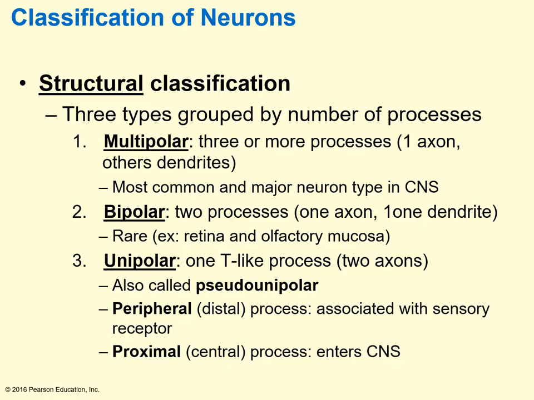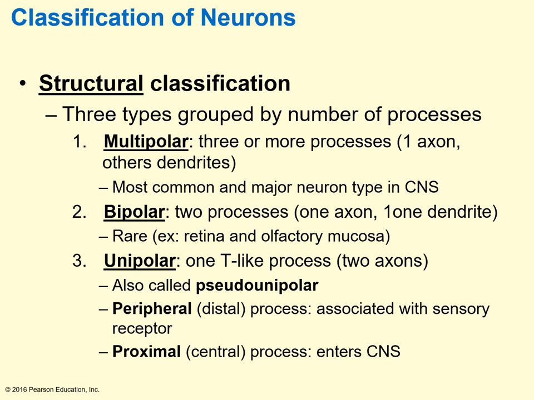You can classify neurons by structure and by function. Structural classification has three types: multipolar, bipolar, and unipolar. Multipolar, as the name implies, has three or more processes. Usually you have a lot of dendrites and one axon. This is the most common type of neuron that you will see in the central nervous system.